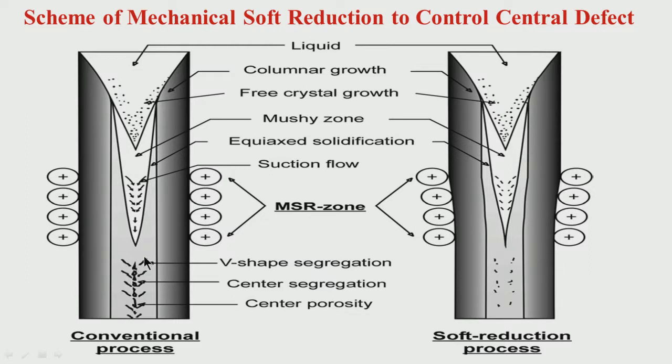V segregation is present when the segregation is distributed, but when the columnar zone extends till the central area, instead of V segregation you have pronounced central segregation, concentrated at the central line only. So, this is a normal situation.